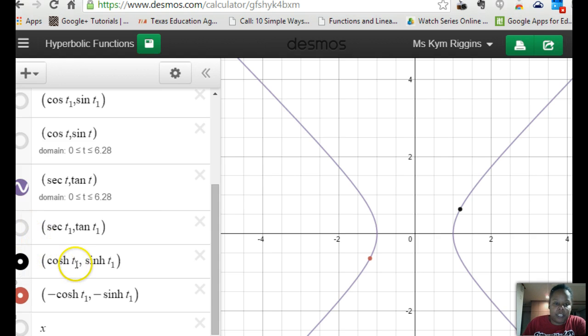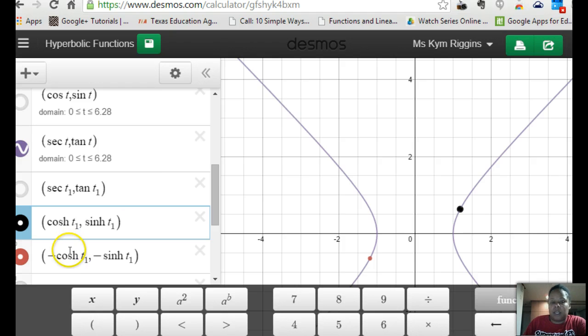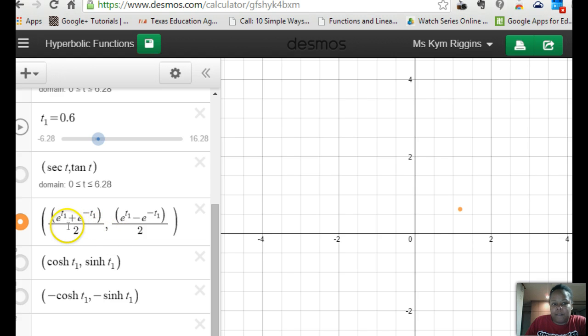And of course, I can change this function to h of t, using e to the x plus e to the negative x all over 2, and I'll get the same situation. So let's take a look at that. So here I changed it to the actual defined value of cosh, which is e to the t plus e to the negative t all over 2, and the exact value of sinh, which is e to the t minus e to the negative t over 2.